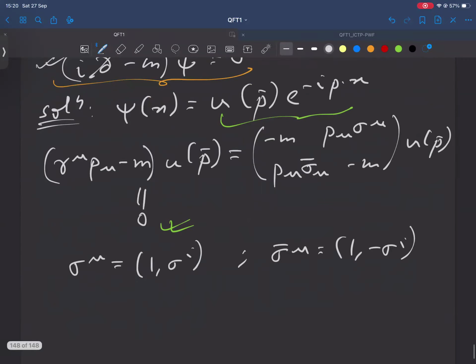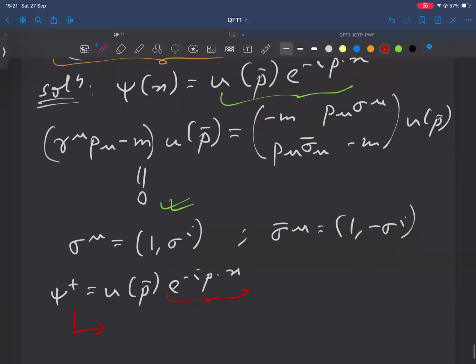Let me denote this psi by plus upstairs. The plus downstairs in some books is for the chirality, but the plus upstairs is because these solutions, which come with a minus i p dot x, are called positive frequency solutions.